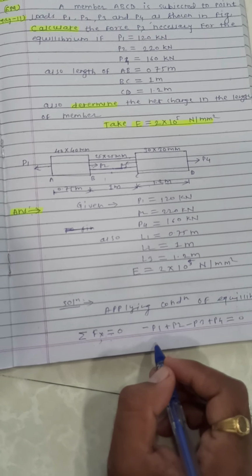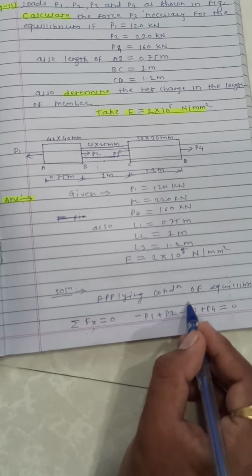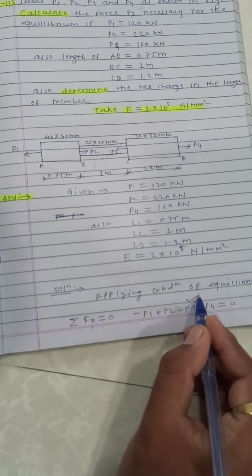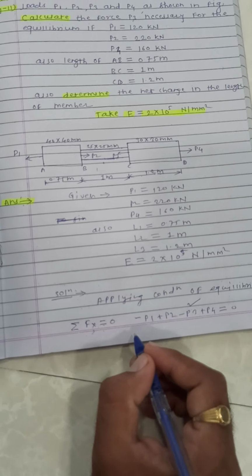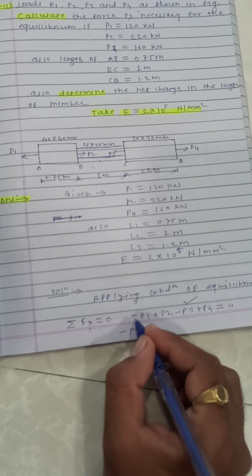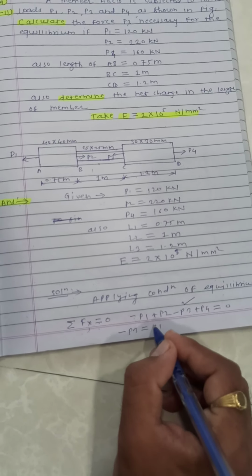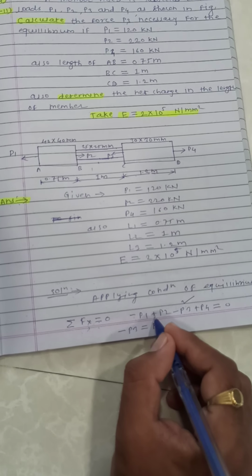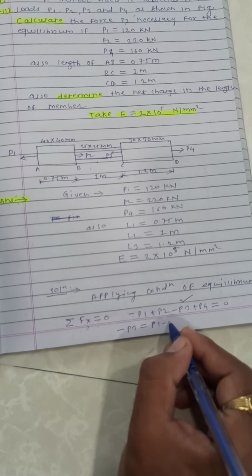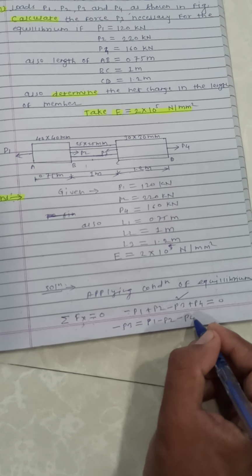We require the value of P3. So minus P3 is equal to, moving to the right side, this minus becomes plus P1, this plus becomes minus P2, and this is also minus P4.